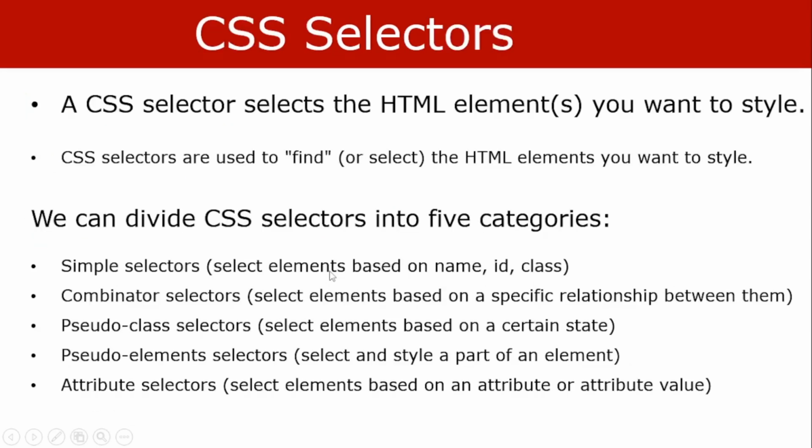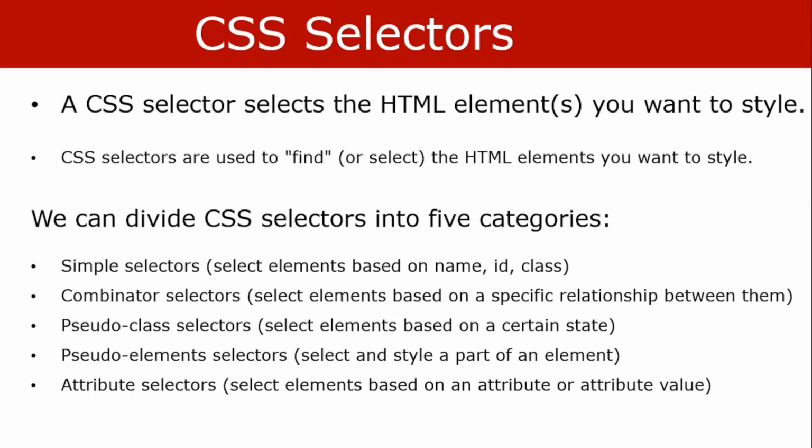So let's look at CSS selectors. A CSS selector selects the HTML element you want to style. CSS selectors are used to find or select the HTML elements that you want to style. Selectors are divided into 5 categories.